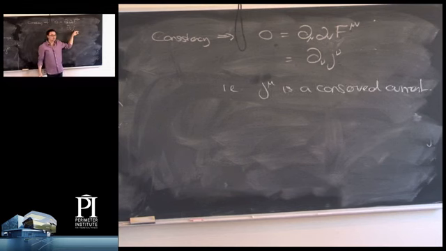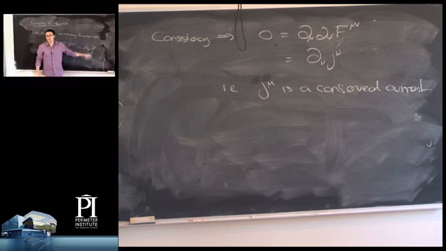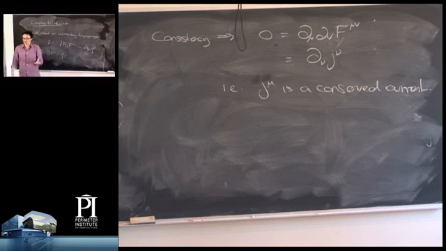But this is something we've seen. This is the definition of what we call a current that comes from Noether's theorem. So if you want to couple a gauge field in this way to some matter, you need to couple it to a current that's conserved. But we've got lots of those. We spent days just figuring out what the conserved currents are in different theories.